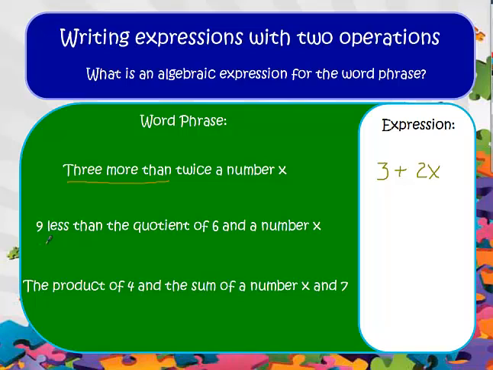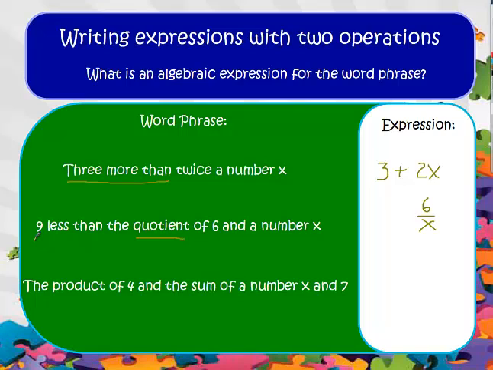Let's try this one. 9 less than the quotient of 6 and a number x. Again, I like to start with whatever's happening to the variable first. I see quotient, which tells me I'm dividing. So the quotient of 6 and a number x means I'm going to take 6 and divide it by x.